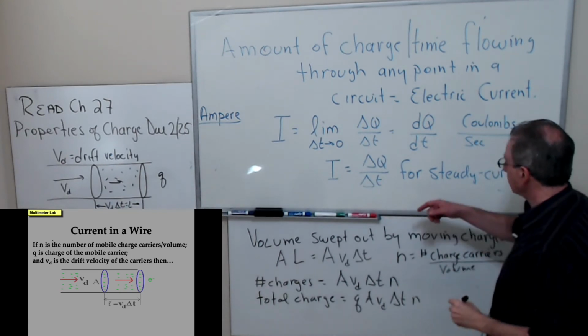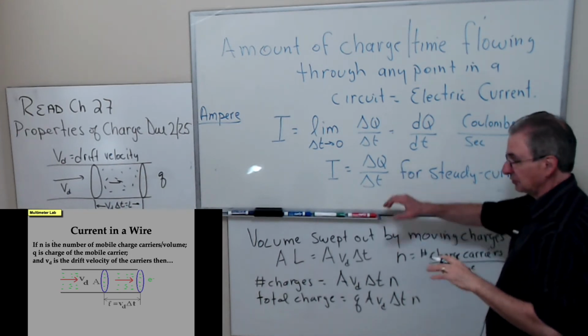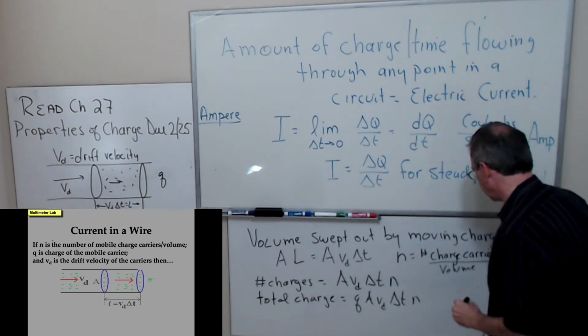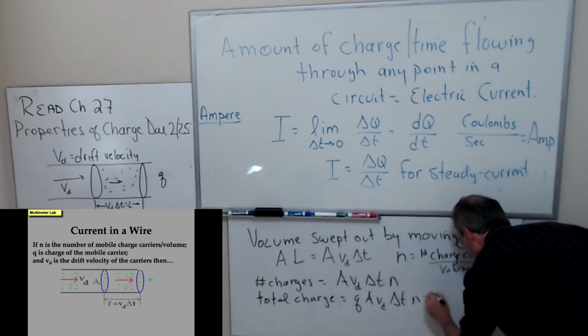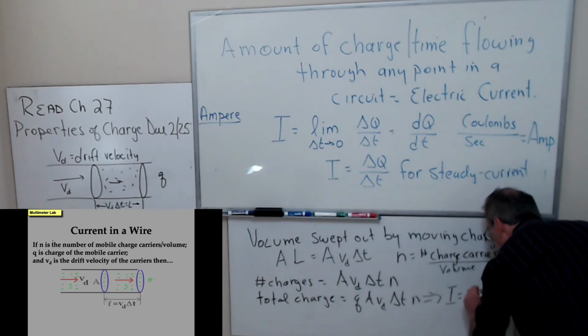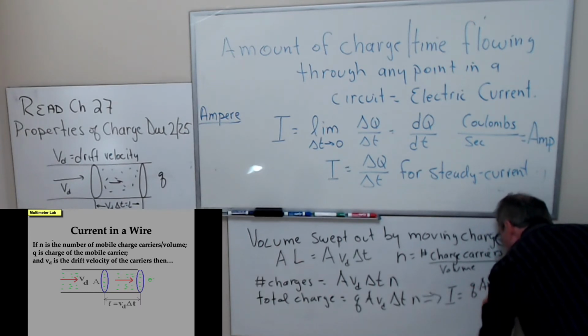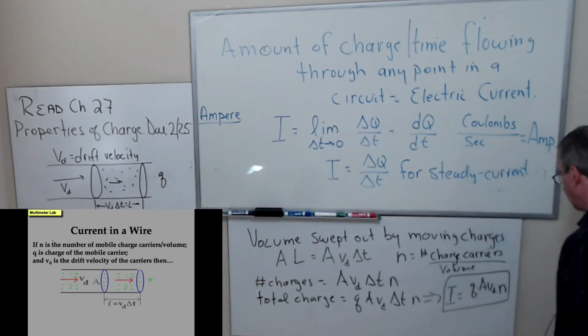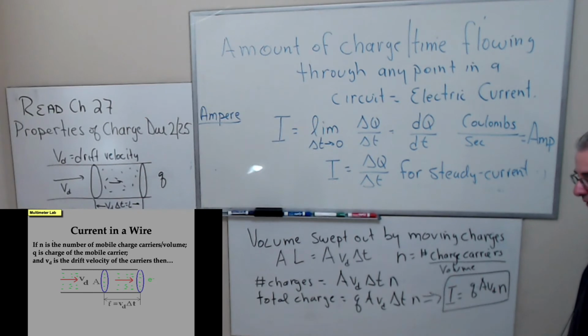I'm assuming the current's constant, so I'm not going to take a derivative. I'm just going to take delta Q over delta T. So this implies that I is equal to Q A V sub D times N. So that's how we can quantify the current.